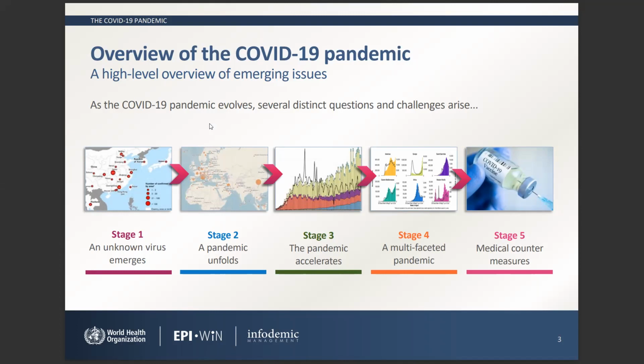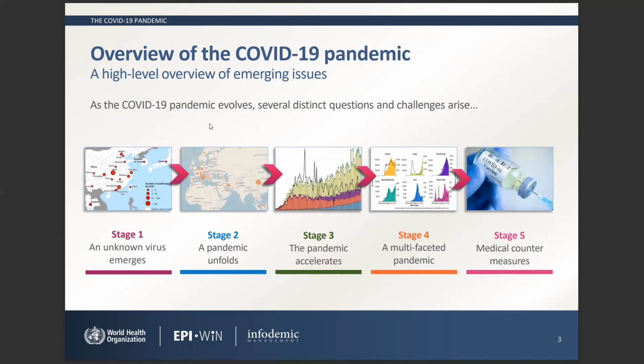Then under stage 4, it came to the multi-phased pandemic. There were various kinds, alpha, beta, and omicron. Likewise, there were various variants of that virus. So under stage 4, we could see that kind of variation of the pandemic.